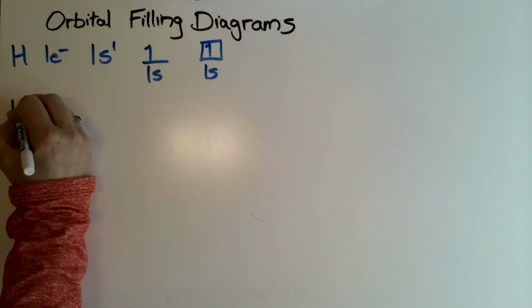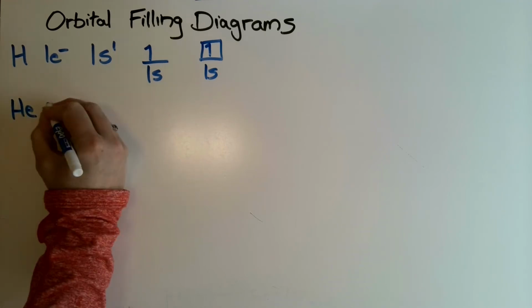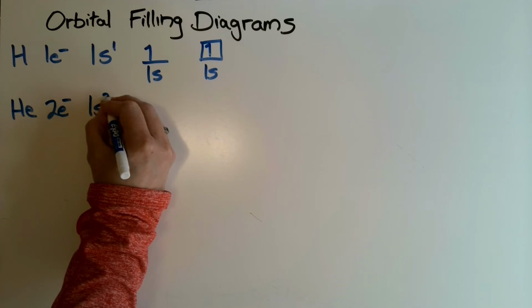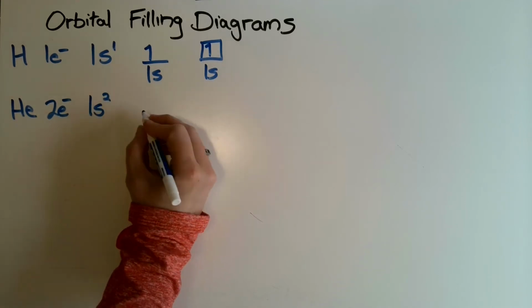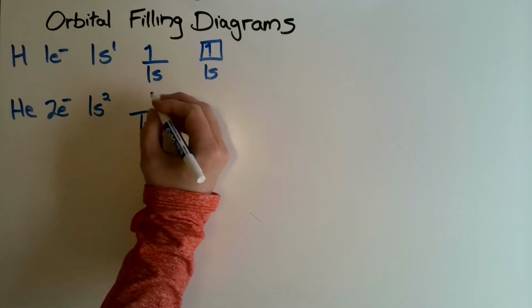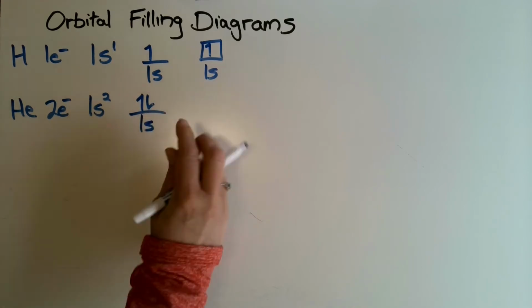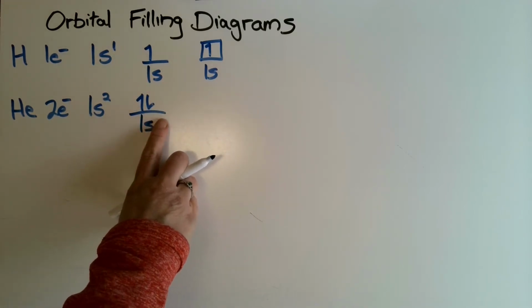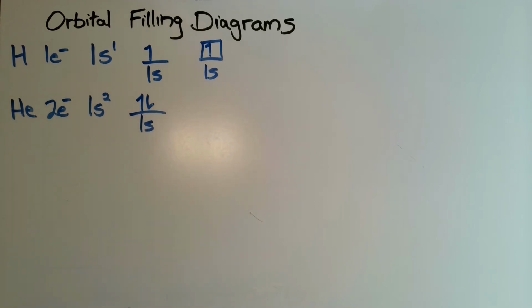Moving on to helium, helium has 2 electrons, and its electron configuration is 1s2. When you draw helium's orbital filling, you show both of the electrons in the orbital. You put one of them pointing up and one of them pointing down. That represents that they have opposite spins.